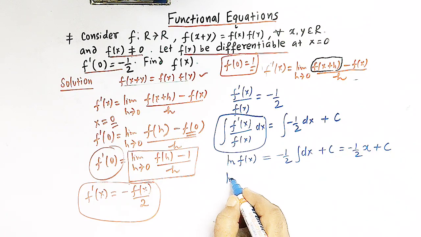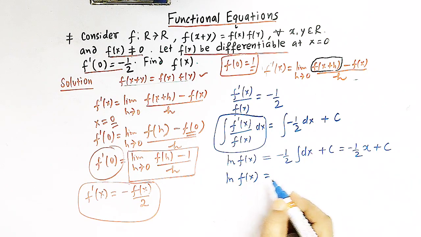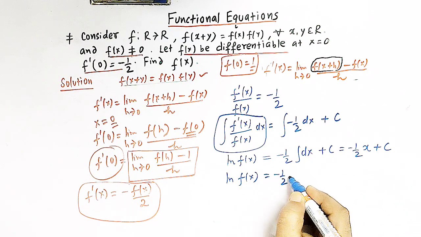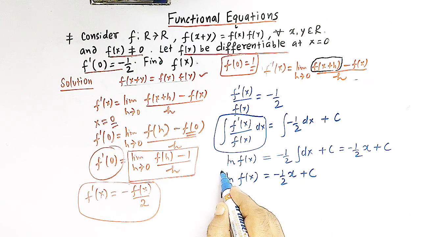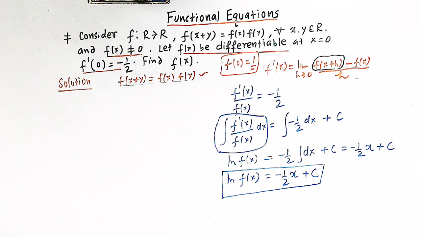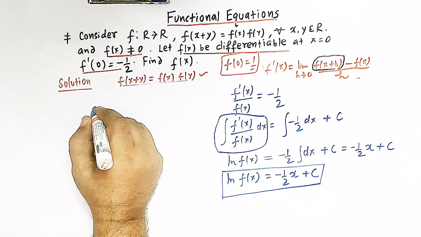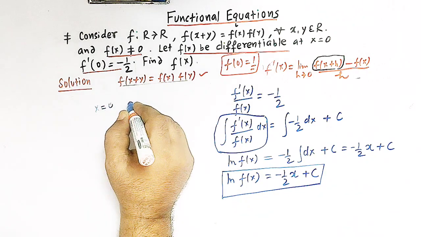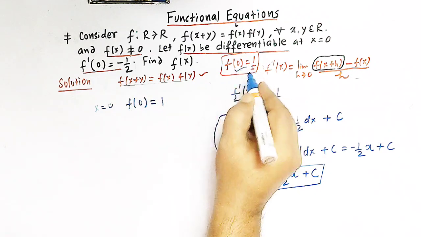So we have arrived at this equation, that is natural log of f of x is equal to minus half x plus c. Now our next aim is to get the value of this constant of integration. So now using the boundary conditions here, we have for x is equal to 0, f of 0 is equal to 1, right?